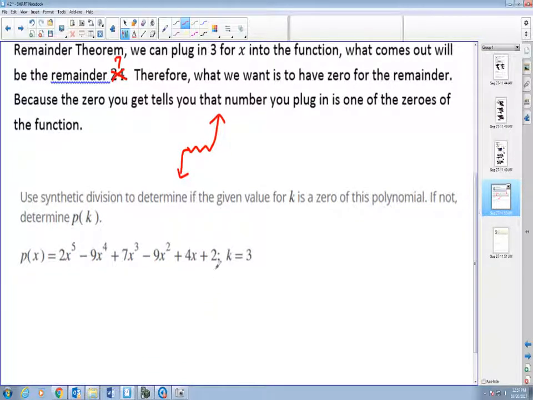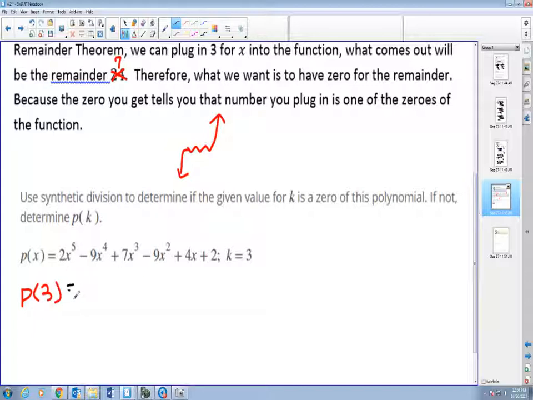So rather than actually perform a synthetic division, what we can do is plug this number into this function and see what it comes out to be. If it's 0, that means k is a 0 of the polynomial. If it's not, then I will still know what p of k is. So let's plug in 3 for my x.